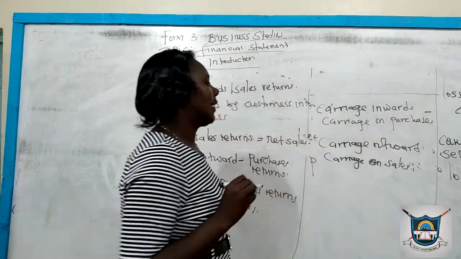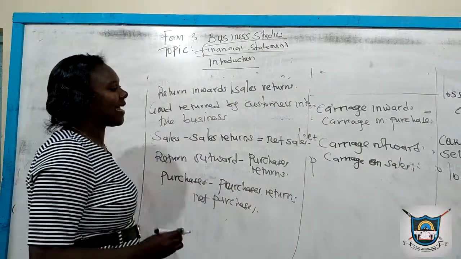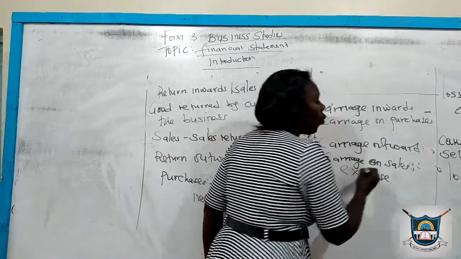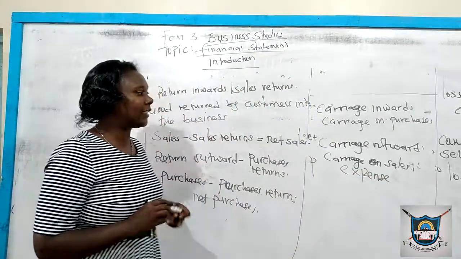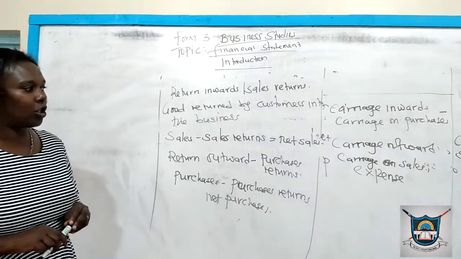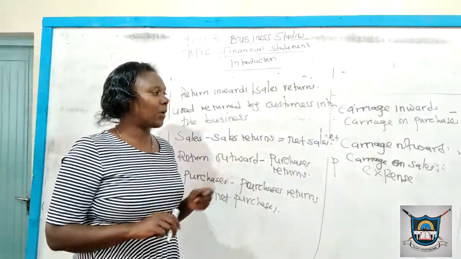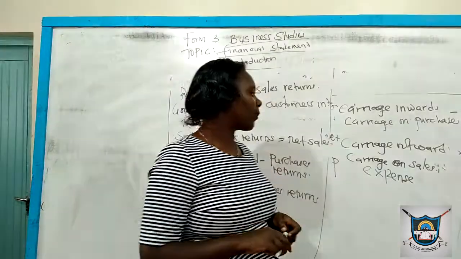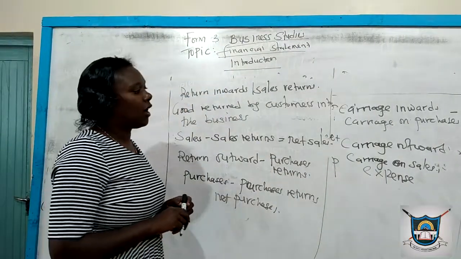Now, this cost is an expense to the business, and so we do not use it in calculating gross profit or loss. We use it when calculating something else we shall calculate later called net profit or net loss.